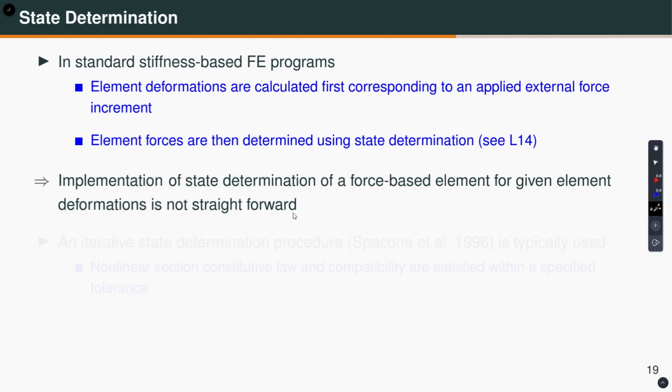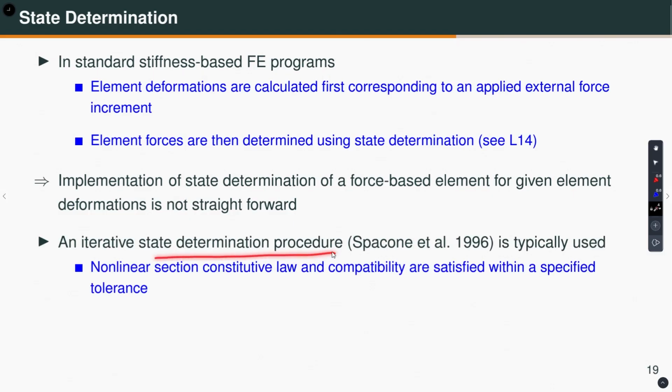So, we have to do it iteratively, and an iterative state determination procedure was developed by Spacone et al. in 1996, which is typically used. And whenever you are doing iteration, that means something is satisfied considering some tolerance. You cannot satisfy exactly.